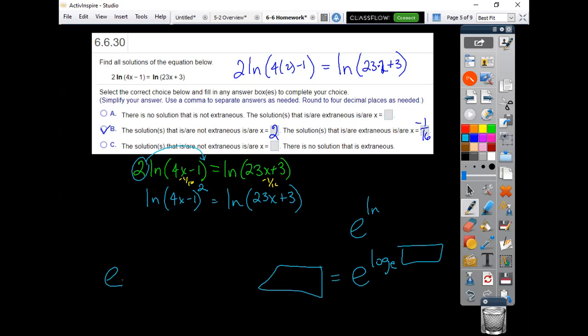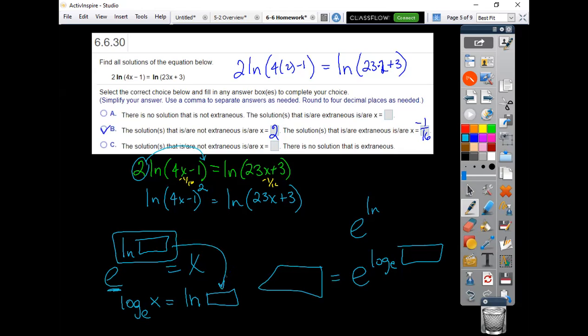If I have e to a natural log of something, well, what does that mean? Equals x. And so remember, log base e right here of the x is how you convert, equals my natural log of that equals the whole exponent. And then remember, log base e is just natural log.